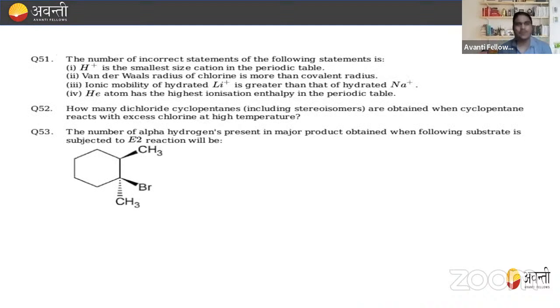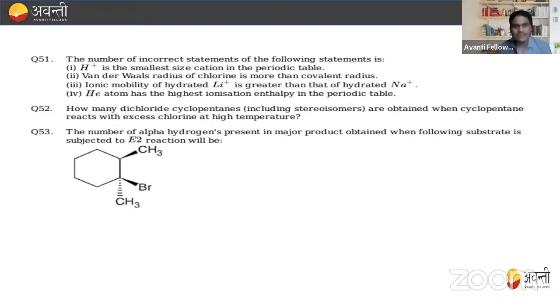Okay. Now, this one is a very, very important question, that is the number of incorrect statements of the following statements. You have to identify which statement is incorrect. The first one is H plus is the smallest size of cation in the periodic table.